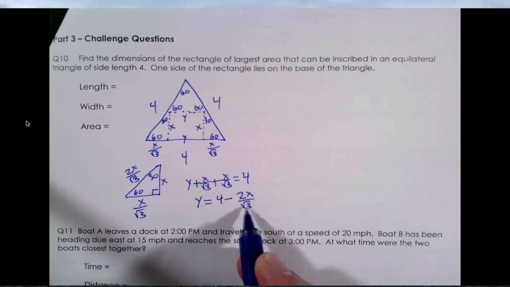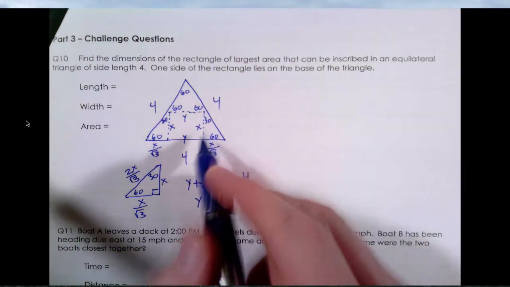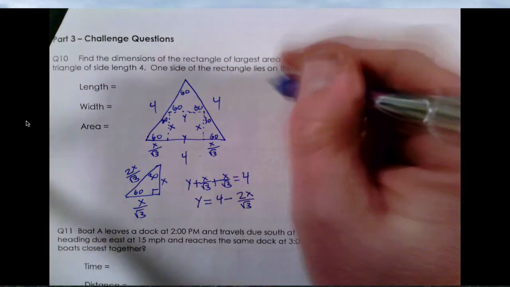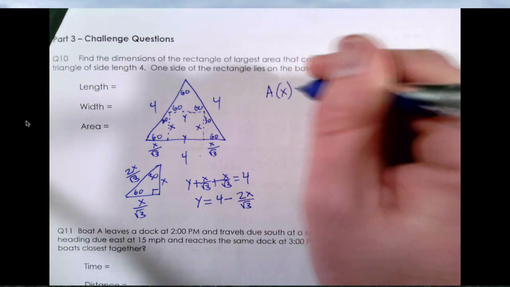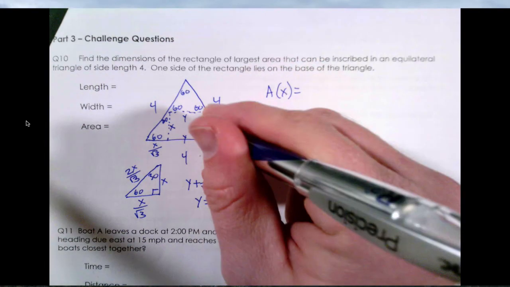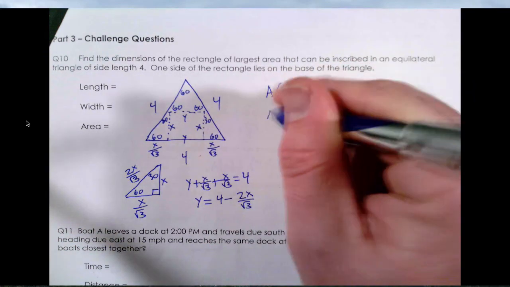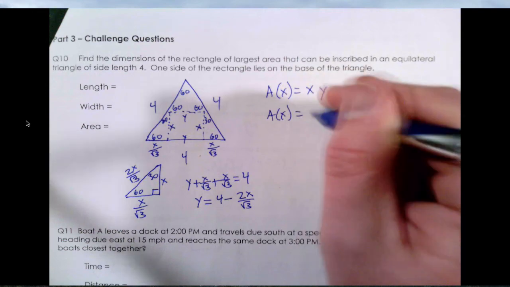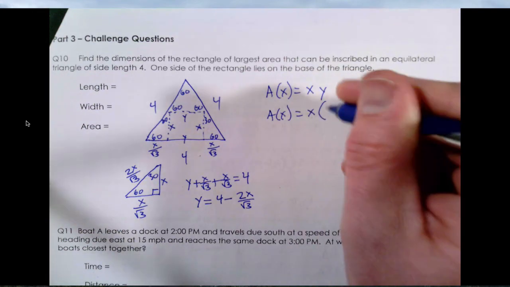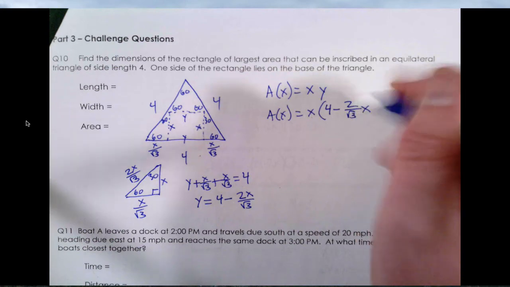So what good does this do me? Well, the thing I'm actually trying to maximize or minimize is the area of the rectangle. So I have A of x equals x multiplied by y. Now we will substitute. We'll get rid of the y and put 4 minus 2 over radical 3 x.